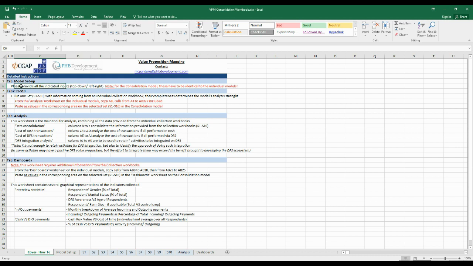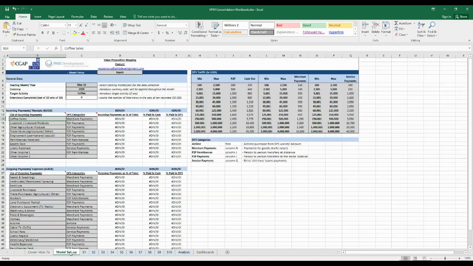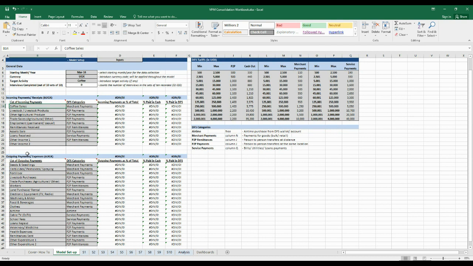For example, if coffee sales is number 1 on one set of interview sheets, and then number 2 on another set of interview sheets, then the data would become mixed up. So it's important that it's the same order in every set of interview sheets and that the same information is provided here.